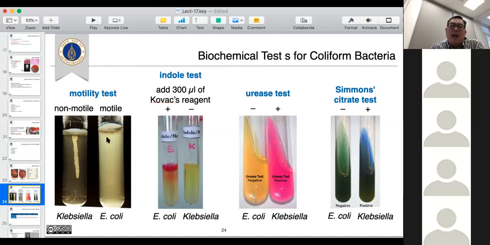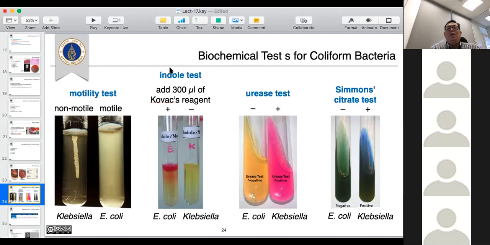But if they can move, they can move everywhere in the tube, and you observe a turbid tube like this. So Klebsiella cannot move. E. coli has flagella, so the motility test is positive. In the same tube, we put some drops of Kovac's reagent. Kovac's reagent resembles phenylalanine.